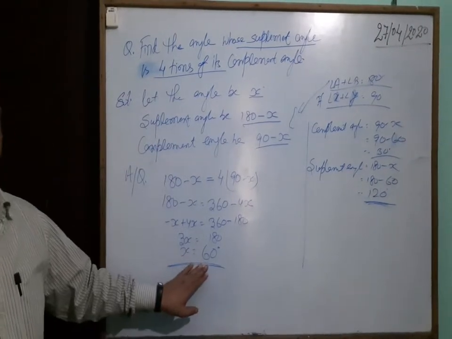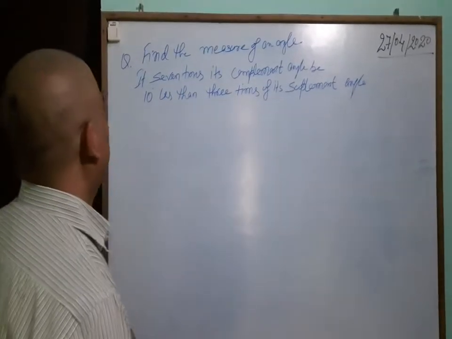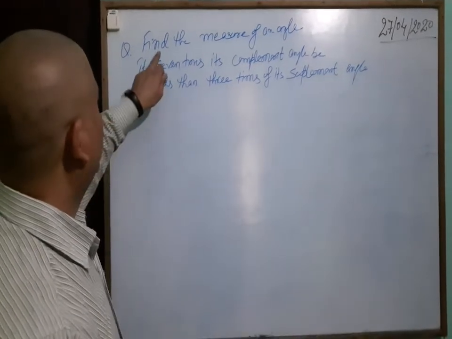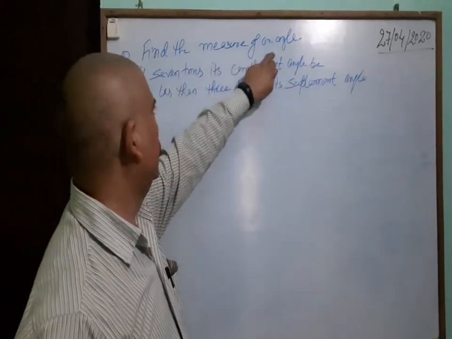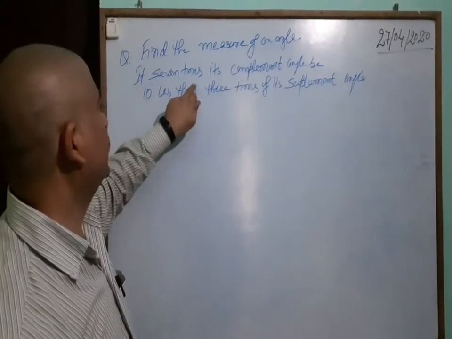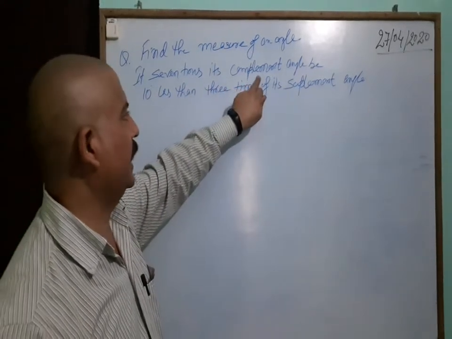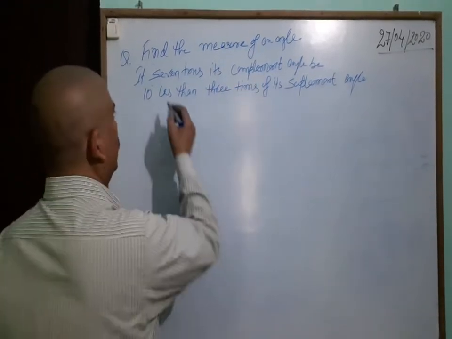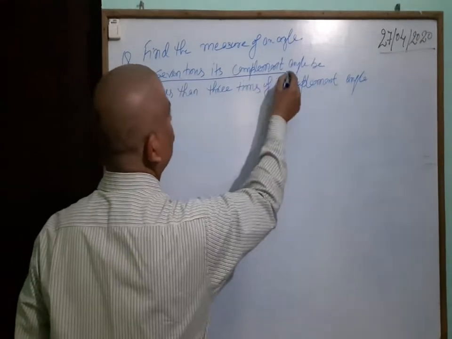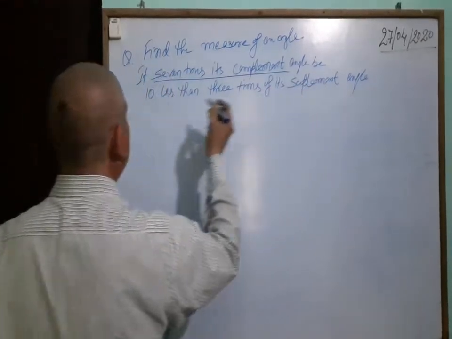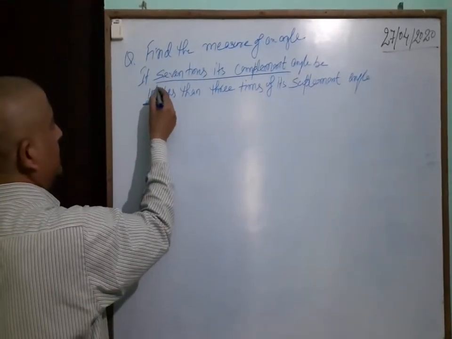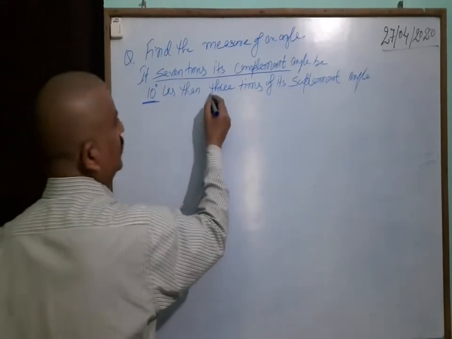Next question is: find the measure of an angle if 7 times its complement angle is 10 degrees less than 3 times its supplement angle.